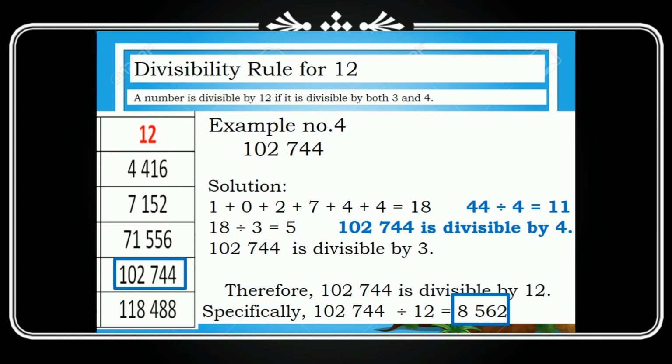And the last two digits, 44 divided by 4 is equal to 11. 102,744 is divisible by 4. Therefore, 102,744 is divisible by 12. 102,744 divided by 12 is equal to 8,562.